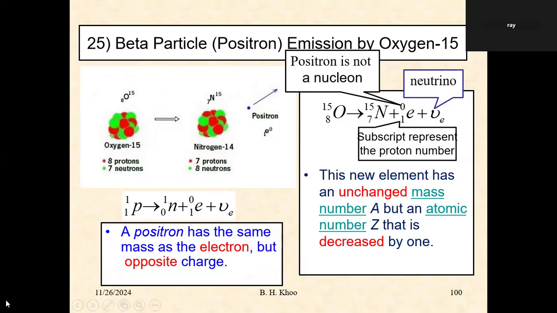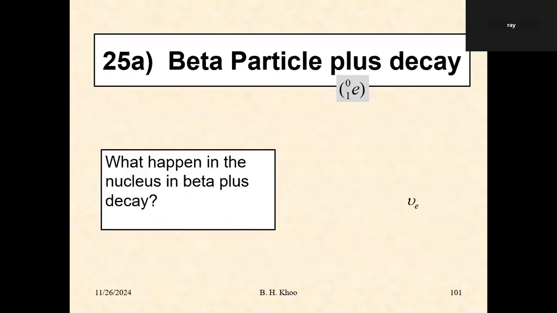Another way of writing it: proton changing to a neutron, positron, and then electron neutrino. A positron has the same mass as an electron, but opposite charge. Or another way of saying it is an antiparticle of the electron. Same mass, opposite charge, same magnitude.